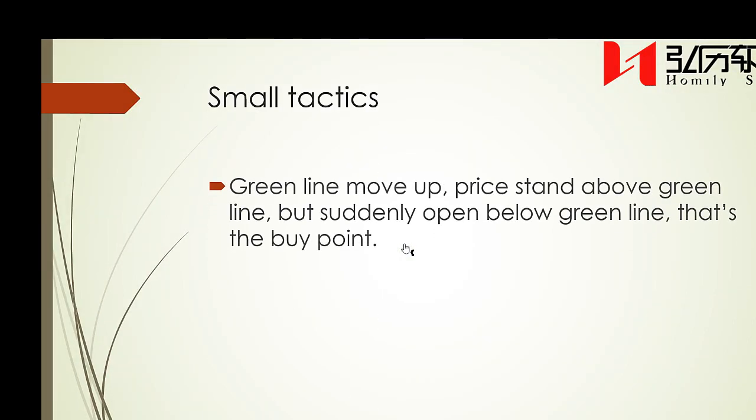And another small tactic is that maybe you will find some very strange situation. That is when the green line is still moving up and the price stands above the green line, it means it is a normal uptrend.